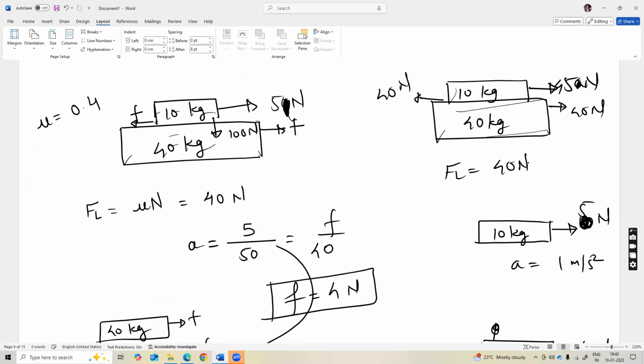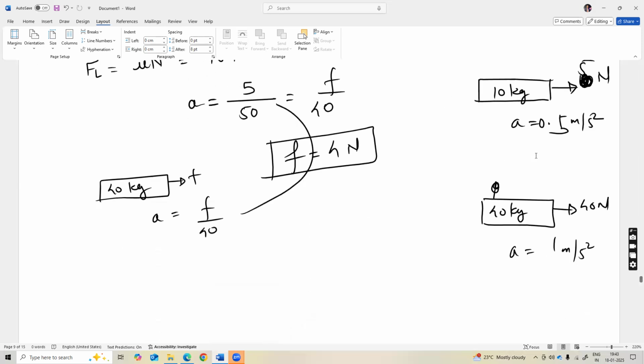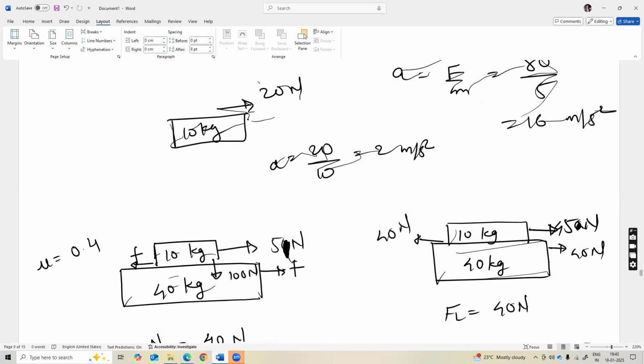So it will move with acceleration 0.5 meter per second square, whereas this block will experience the same acceleration because frictional force is constant at 40 Newton. Okay. Do you have any doubt in this two block system?